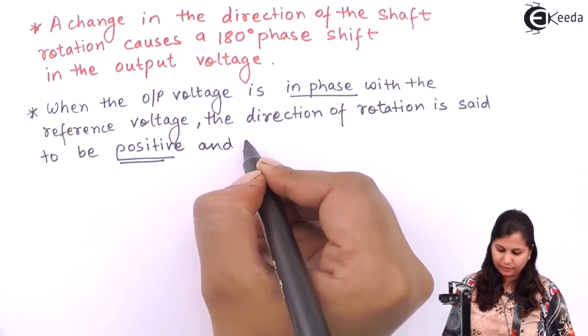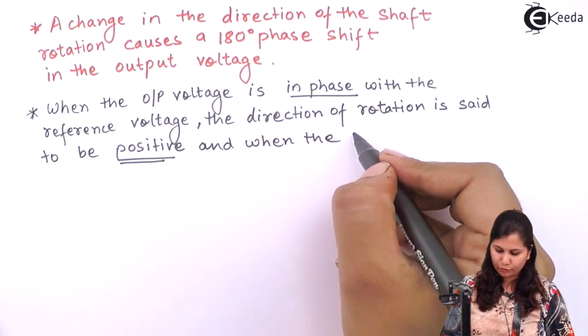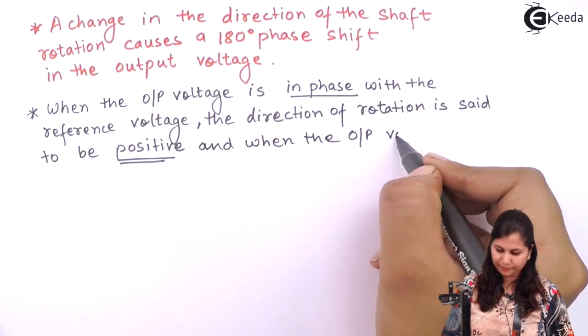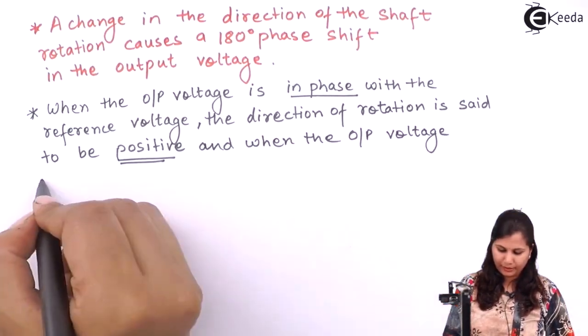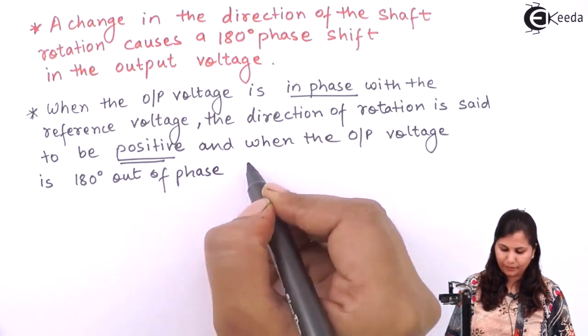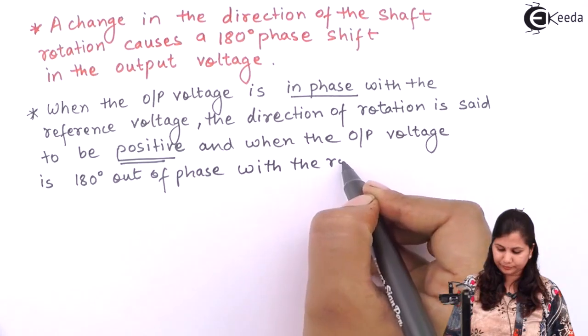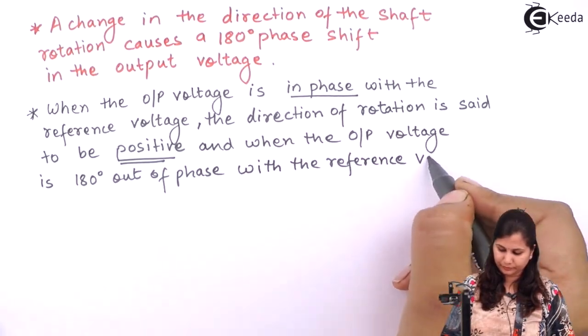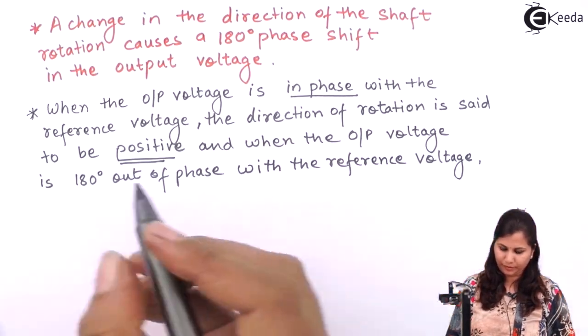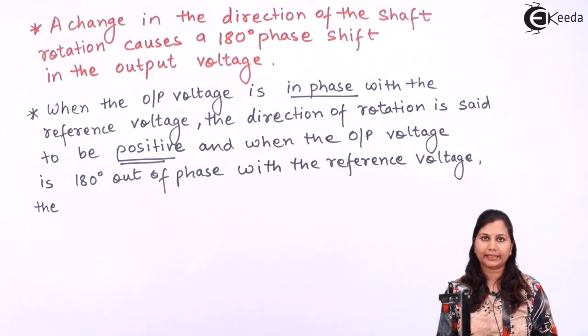And when the output voltage is 180 degrees out of phase with the reference voltage, the direction of rotation is said to be negative.